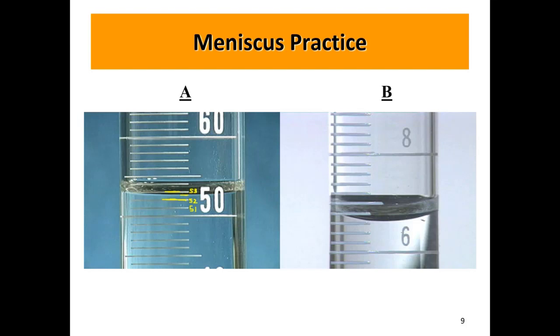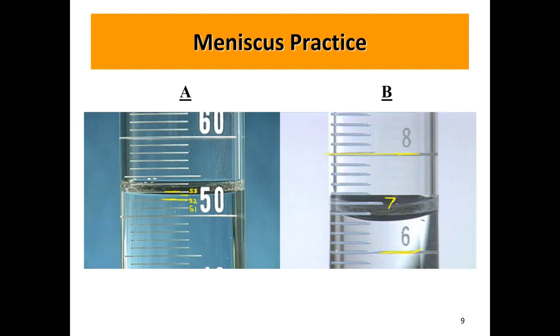The next one is really tricky because between the big marking here, which is 8, and the big marking down here, which is 6, there's two numbers between, so 7 is the halfway point.